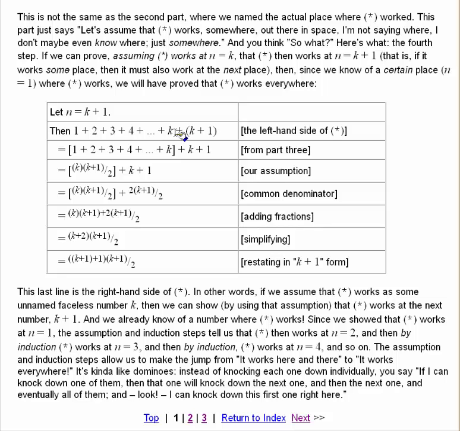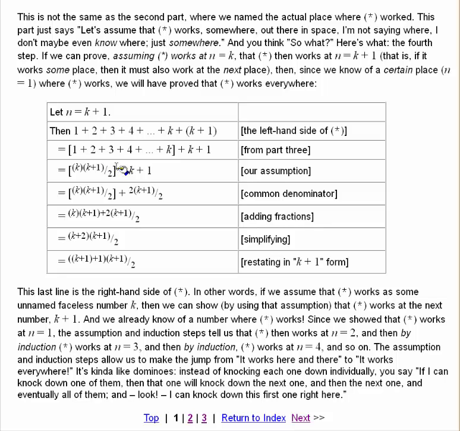So what we're going to do is separate out the first k numbers. Since we're assuming it's true for n equal k, I can replace this sum of k numbers with my formula star when n equal to k. That's the key step of reducing the k plus 1 step, simplifying it by using the k step.